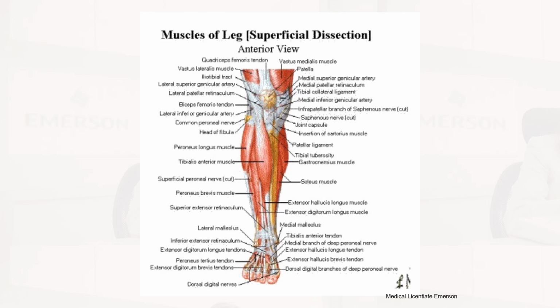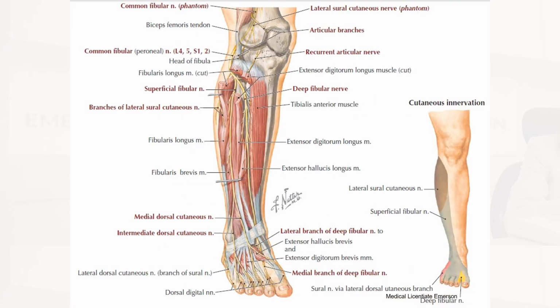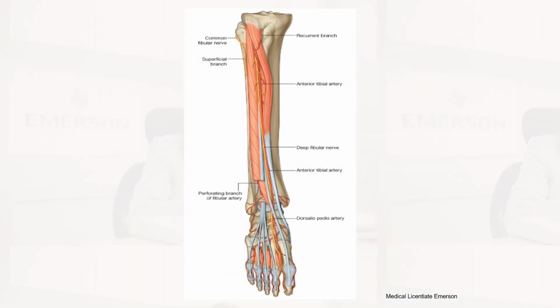So this is the anterior view we are talking about. The tibialis anterior muscle this side, then the peroneus longus muscle and the peroneus brevis muscle. These are the muscles. Then this is another view of the anterior aspect.